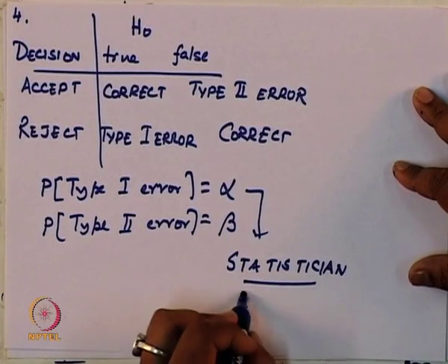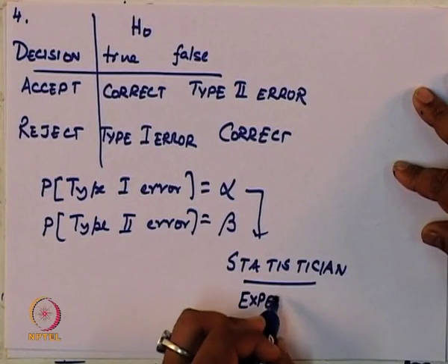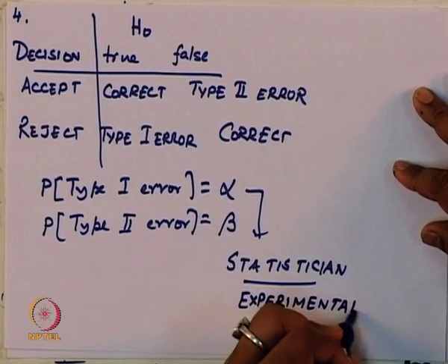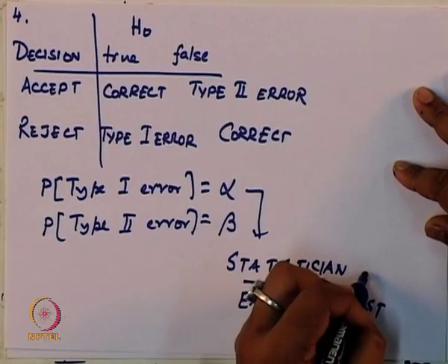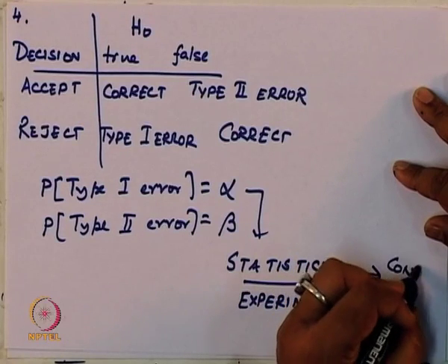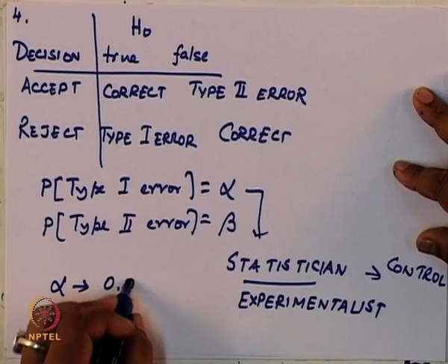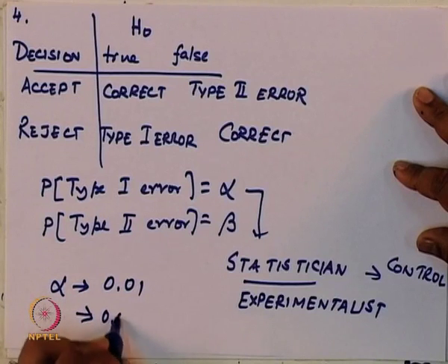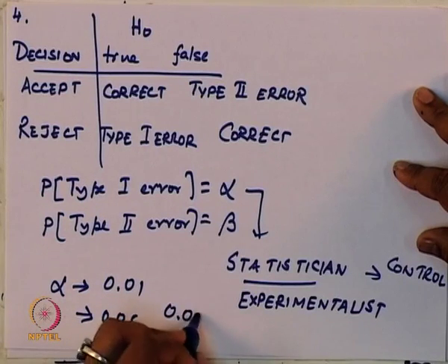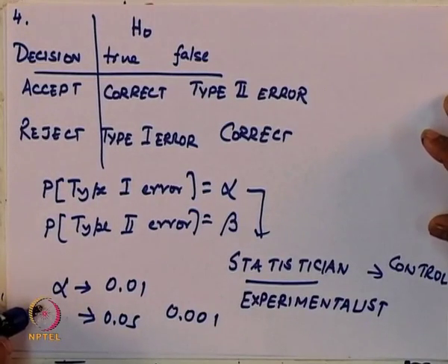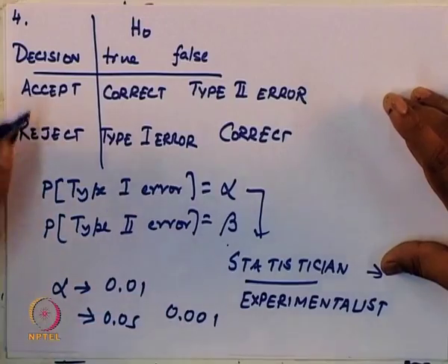Now, what you see, alpha is in the statistician's or experimentalist's hands. You can control it. Why? You can choose alpha equal to either 0.01, 0.05, 0.001, and so on. So, this is in your hands, but it is very difficult to choose beta.